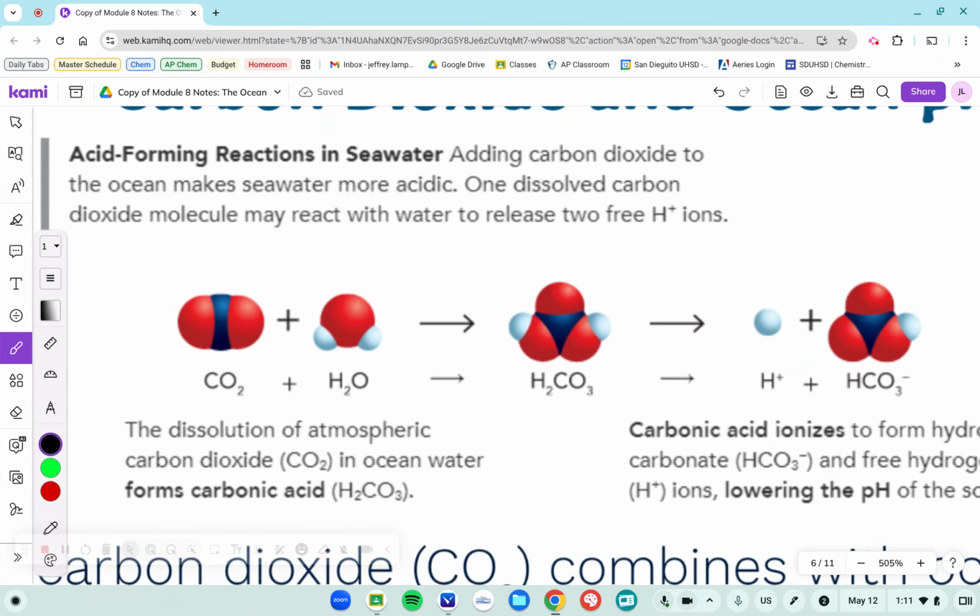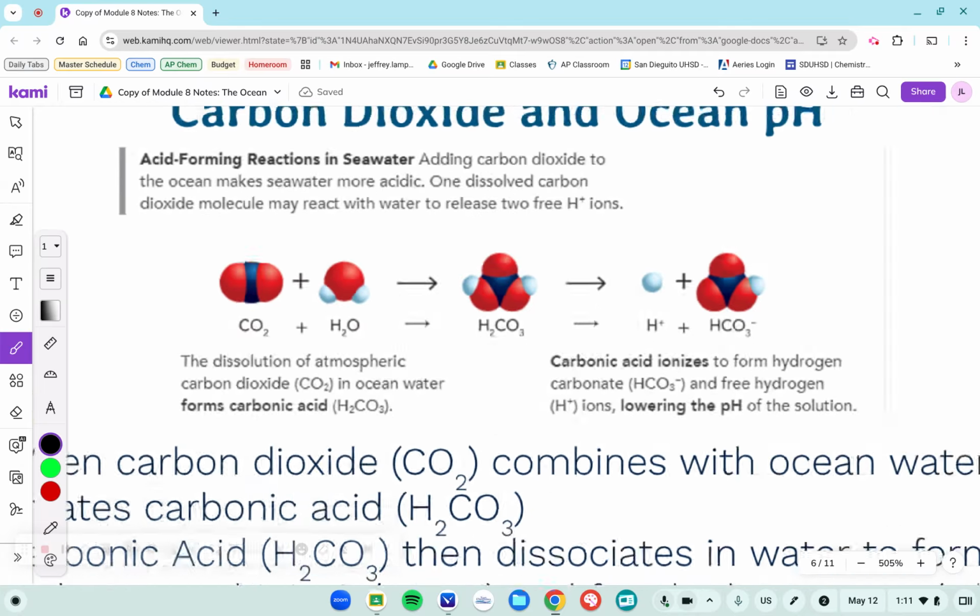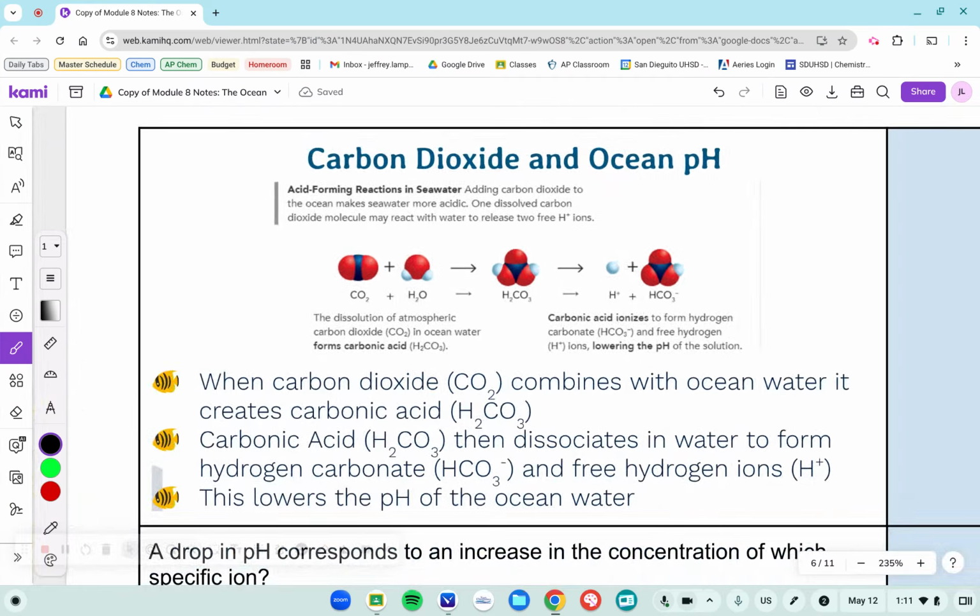So we've increased the concentration of H+, and that means we're going to have a lower pH, right? Higher concentration of H+ means lower pH. That's described down here. When carbon dioxide combines with ocean water, it creates carbonic acid, that's H2CO3, and carbonic acid can dissociate to make bicarbonate and free H+, free hydrogen ions, which means the pH gets lower. Questions?